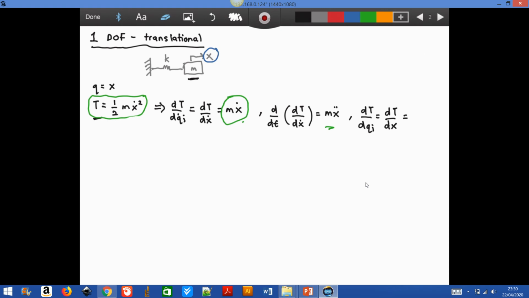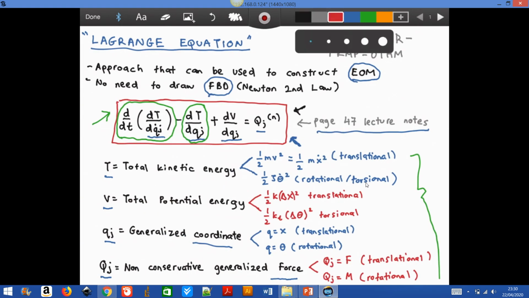Therefore dT over dx is 0. So we've got this one and also this one. Now we need to identify dV over dqj.